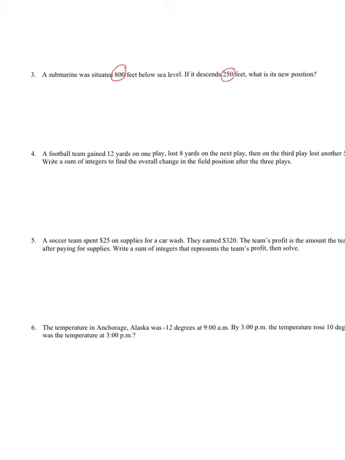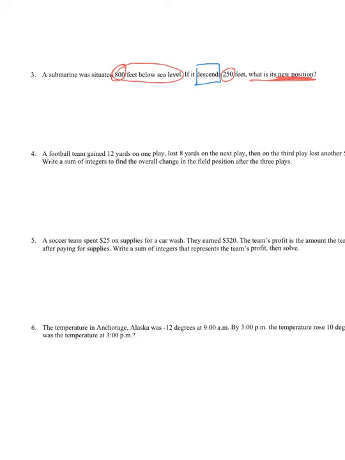And then we're going to underline the question, new position, that's what we're looking for. And then we box the keyword. Make sure for 800 feet below sea level, you circle all of them. I'm going to box the keyword, descended. And we're looking for the new position.